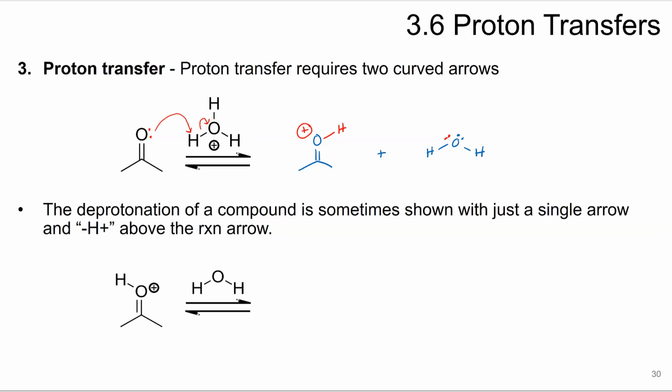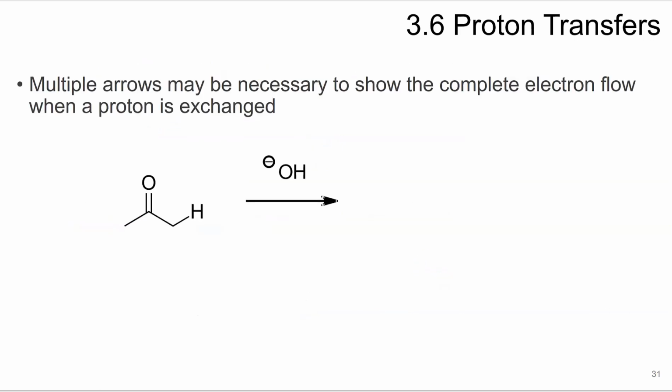The deprotonation of a compound is sometimes just shown with an H plus or minus above the reaction arrow. So when we do proton transfer, sometimes you can abbreviate it as plus H or minus H plus, something like that. So in some cases for a proton transfer, they may not show arrows going from the water, but will just call it H plus, minus H. And there's a lone pair, and then we have plus H. A lot of times you need multiple arrows to show the complete flow of when a proton is exchanged.